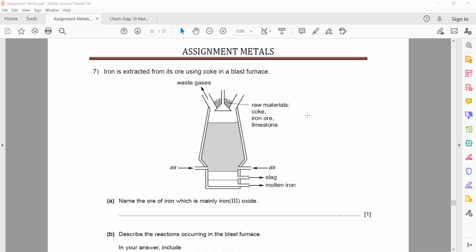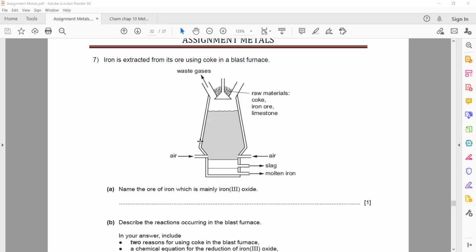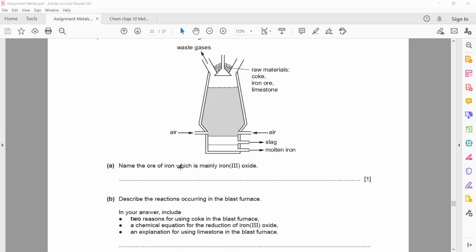Iron is extracted from its ore using coke in the blast furnace. Name the ore of iron which is mainly iron(III) oxide. It's hematite. Yes, that's right.